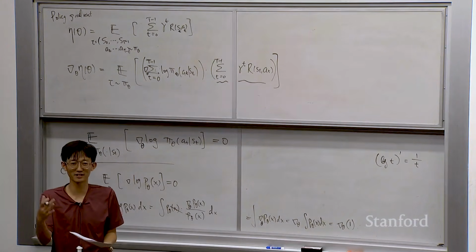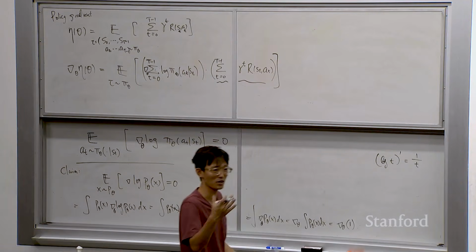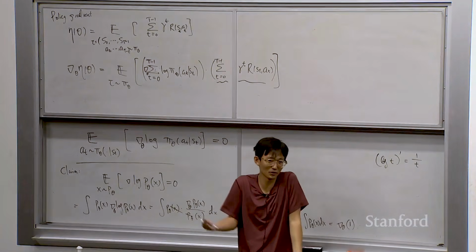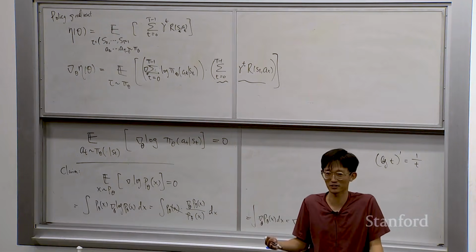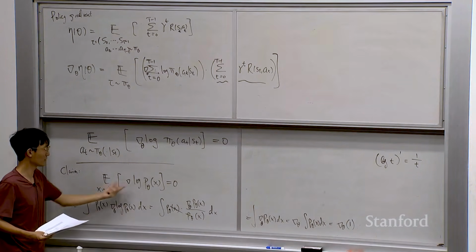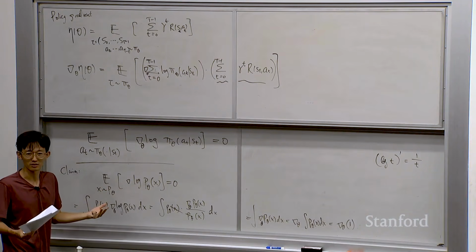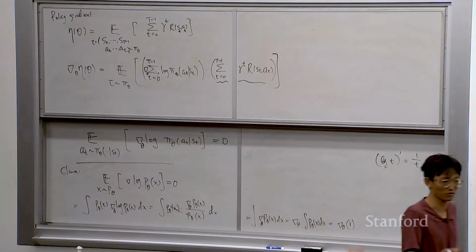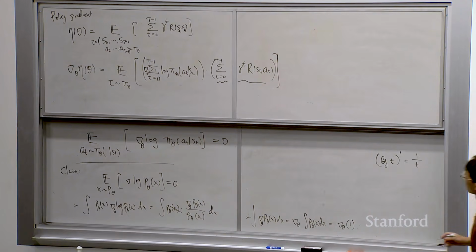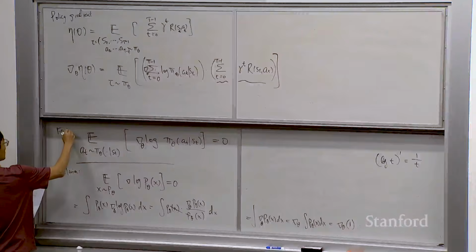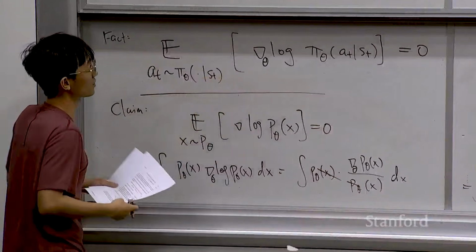If you have no sense about which action is good or bad, you should have 0 gradient, because no action is good or bad whatsoever. The fundamental reason is just this: if you take the gradient of the log, there are no preferences, because there's no reward function to weight it. So that's a basic fact: if you have no weighting, it's going to be 0.